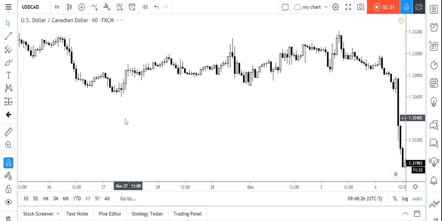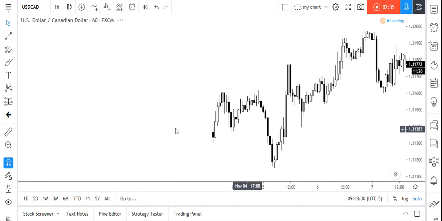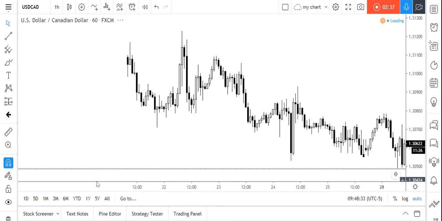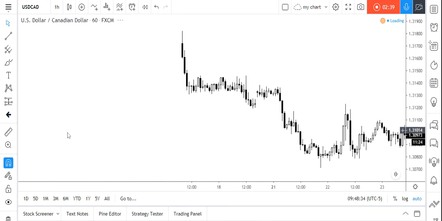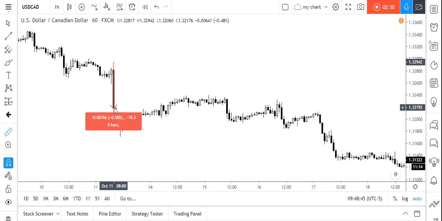And what happened on October 30 and October 11? So let's go back. October 11. Alright, this was the October 11 downside movement of almost 76 pips in 1 hour.